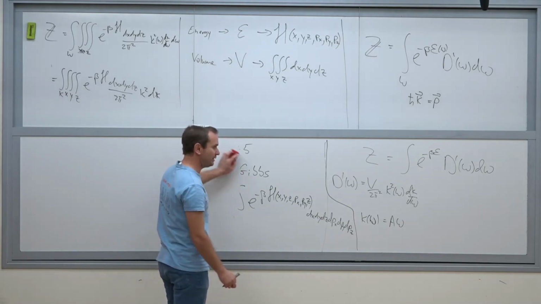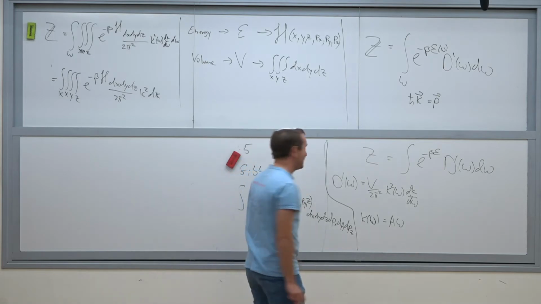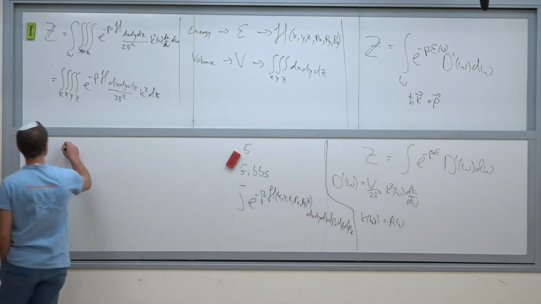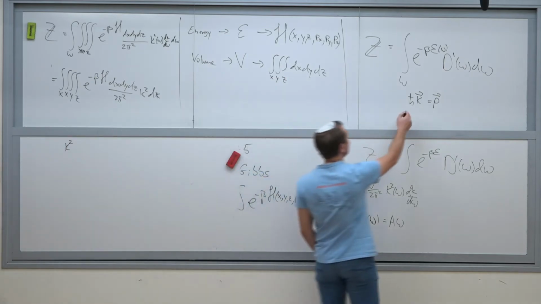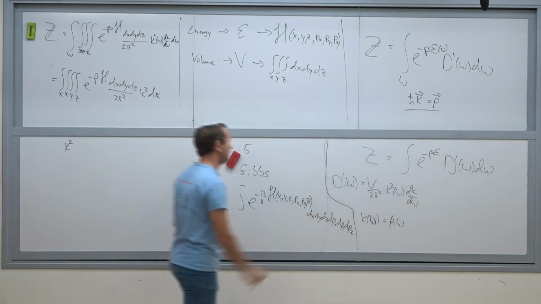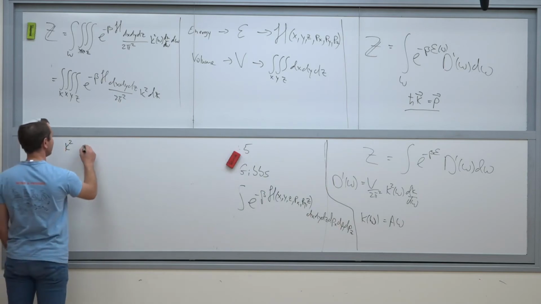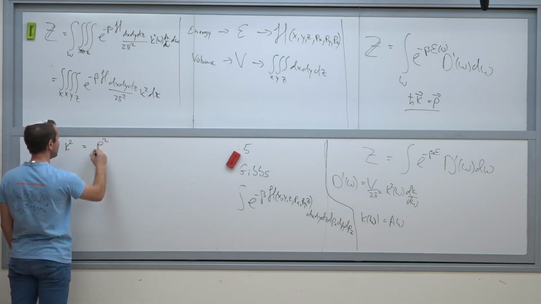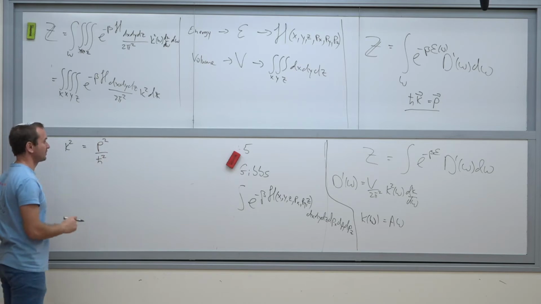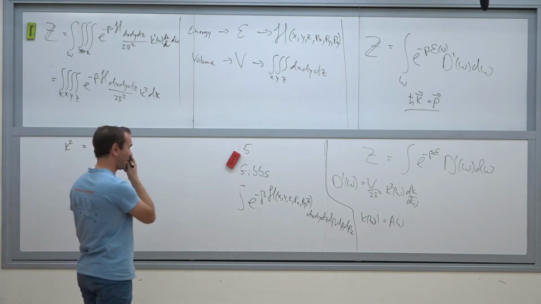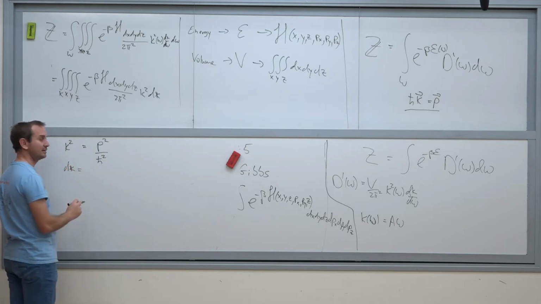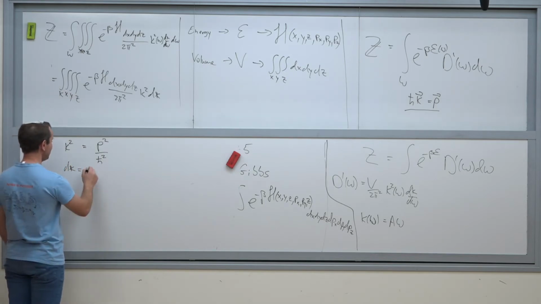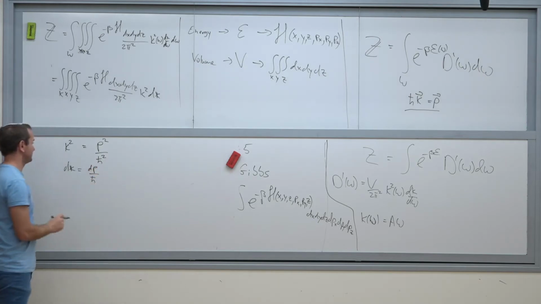So what I'm doing, I'm saying, well, k squared, according to this guy over here, k squared is simply p squared divided by h bar squared. And dk is simply dp divided by h bar.